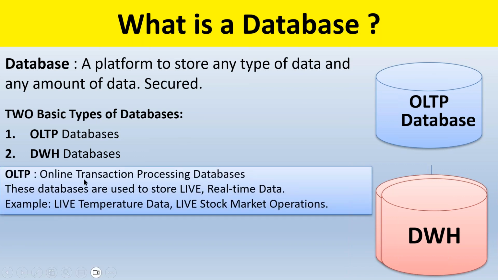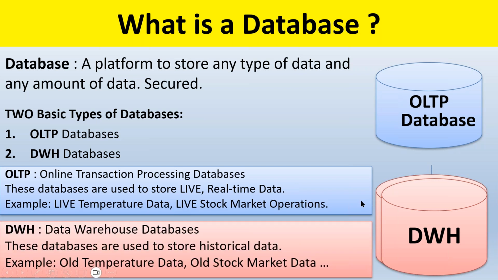OLTP stands for online transaction processing databases, to store live real-time data like live temperatures, live stock market operations, etc. Data warehouse, to store historical data like old temperature data, old stock market operations, anything old. Developers will be involved in OLTP database design. You and me, from today, data engineers, we are involved in data warehouse design.